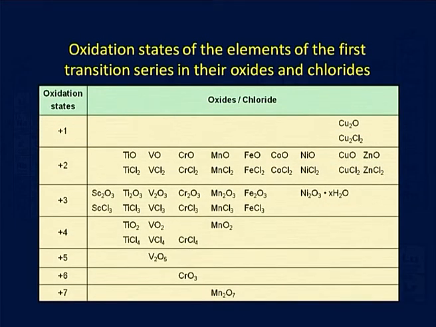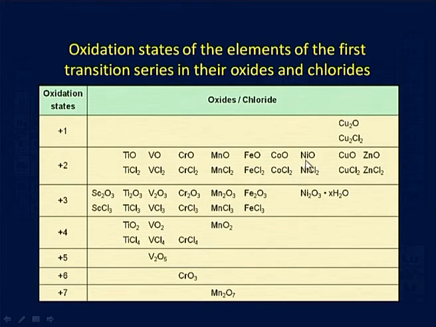These are some compounds, particularly oxides, chlorides and some other compounds of transition metal ions. You can see that these compounds exist in +1 to +7 oxidation states. In +1 we have cuprous oxide and cuprous chloride.